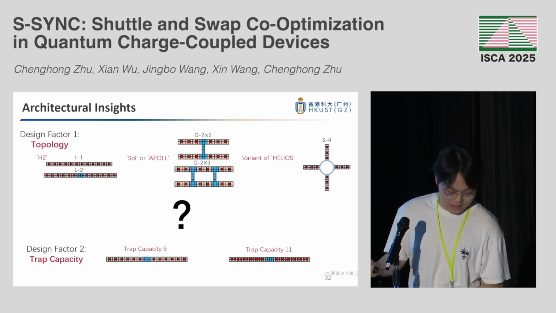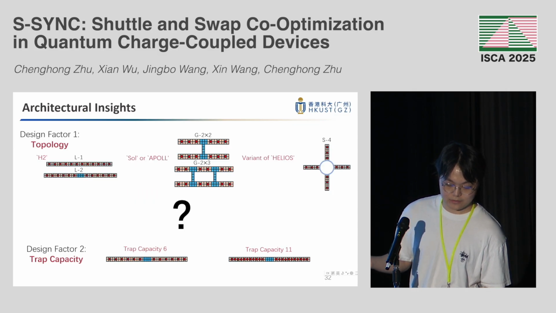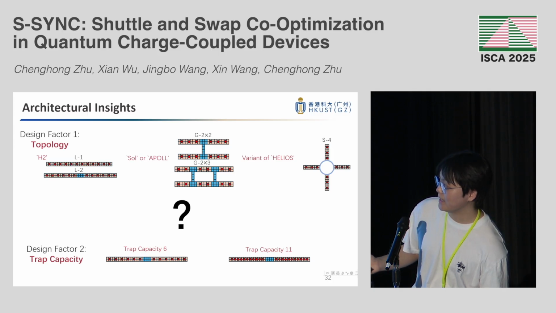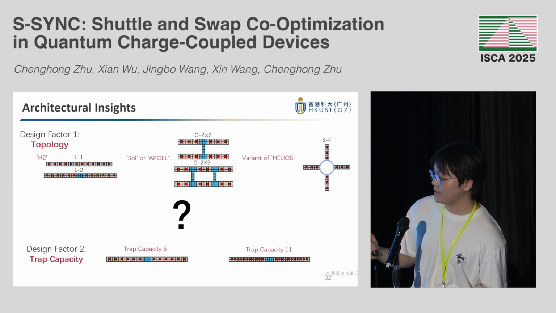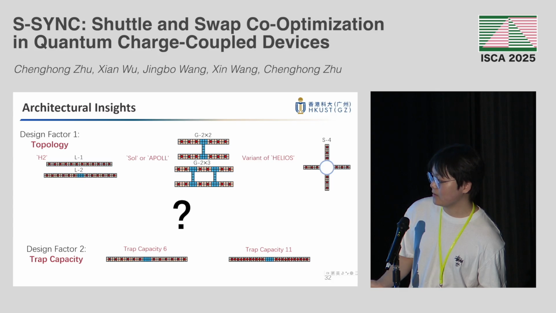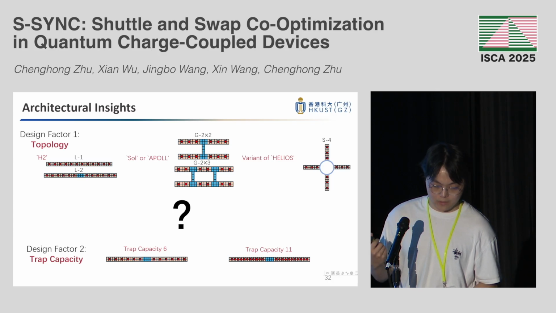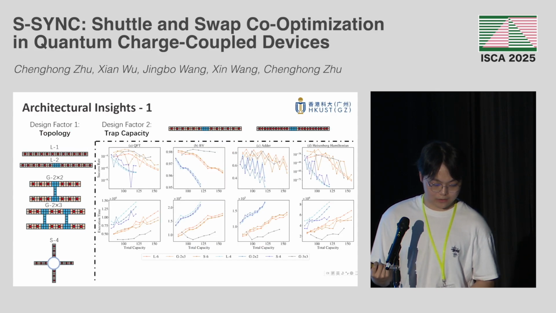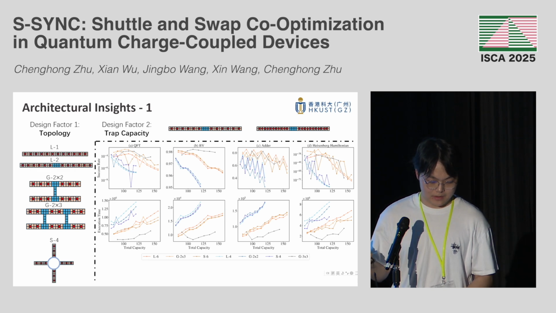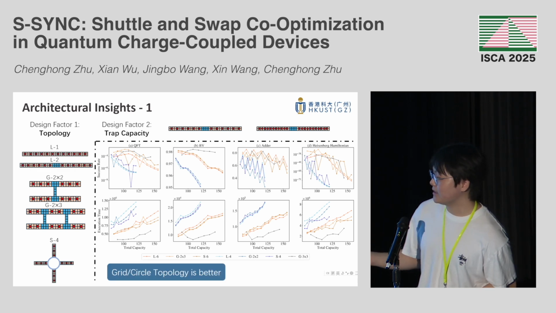Then we conduct some architecture insights to select what kind of topologies our compiler is best to execute on, and also what kind of chip capacity our compiler is good at handling. This graph is a bit messy, so let me summarize.